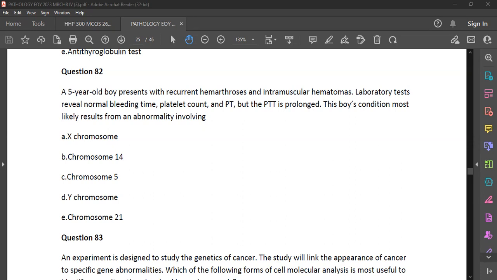So you're thinking about this is an inheritance, and then it's a boy, yeah. So you're thinking this is X chromosome related, and then the person is having the hemarthrosis and also hematomas, and also this thing is affecting the APTT pathway, which is the intrinsic pathway. So you're thinking maybe factor 8 and factor 9 are going to be deficient.